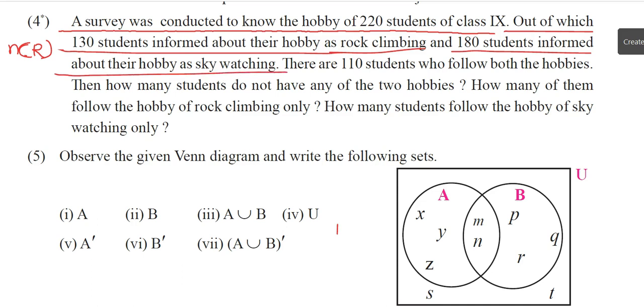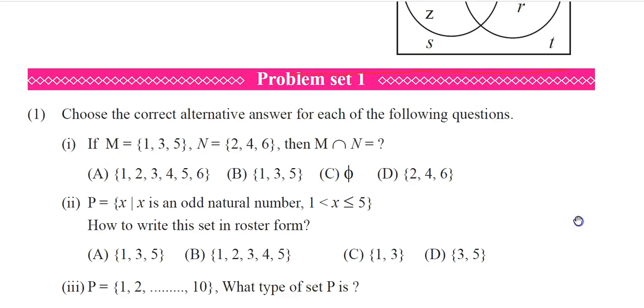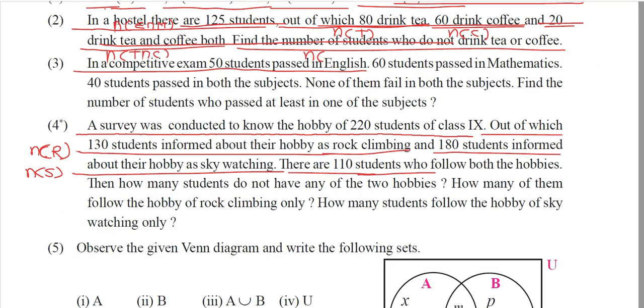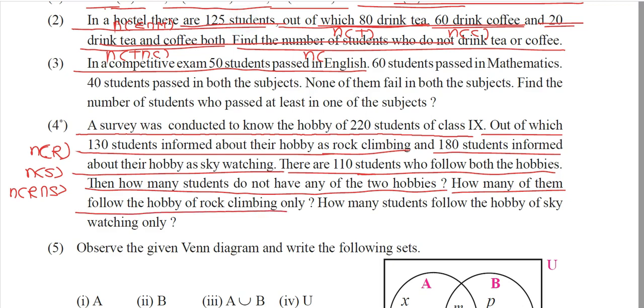That is, rock climbing is N of R, N of S is sky watching. There are 110 students who follow both the hobbies, that is N of R intersection S. Then how many students do not have any of the two hobbies? How many of them follow the hobby of rock climbing only?